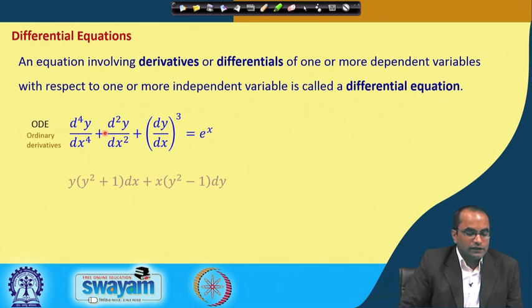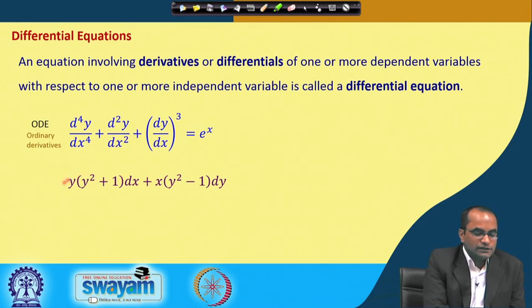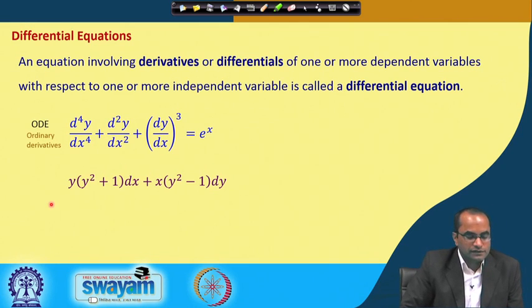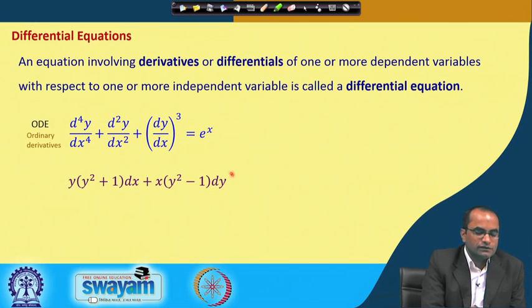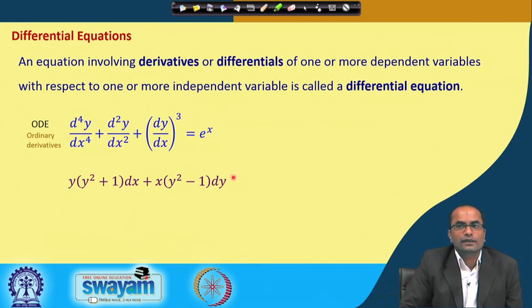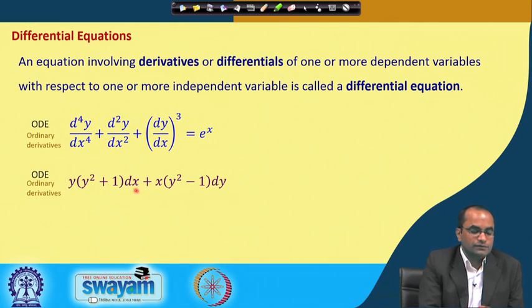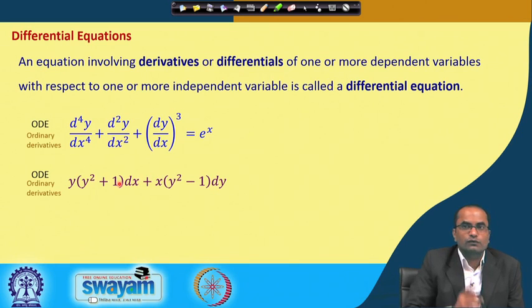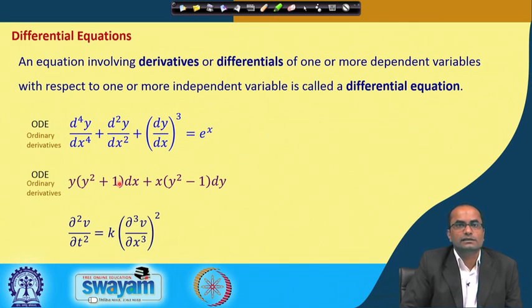So, we have the ordinary derivatives here. The second equation is also an ordinary differential equation. We have these differential terms here, dx, dy, and it also has only ordinary derivatives. So, only one dependent variable, y, and one independent variable, x.